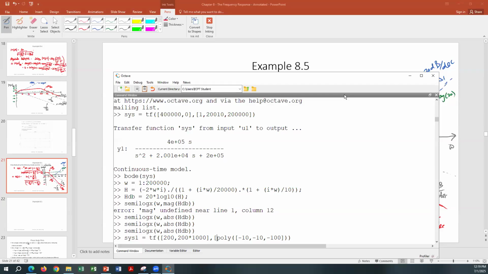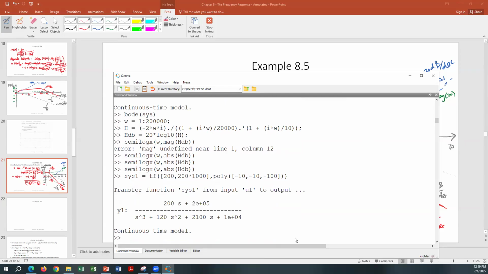I don't think I need to use the square bracket here. It's going to create a bracket. Let's see. All right.